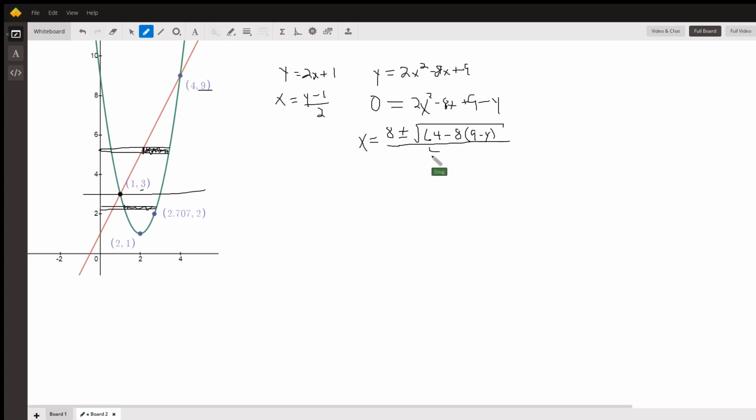Now you can clean that up quite a bit by distributing this minus 8, factoring out an 8, and taking the square root of the 8, and so on. Now the point is that this region right here, if we rotate it, I'll call it a sub 1. Maybe I should have called it r sub 1. If we rotate that region about the y-axis, a formula would be pi times the integral from 3 to 9 of the outer radius squared.